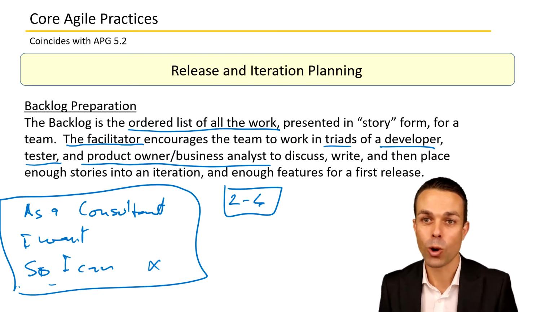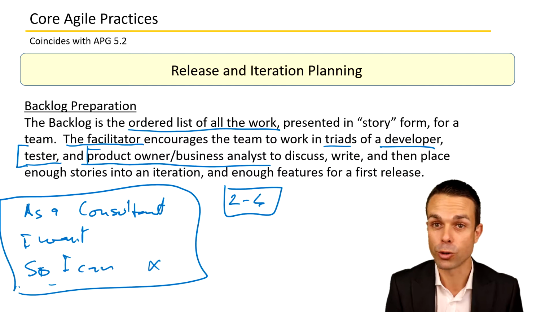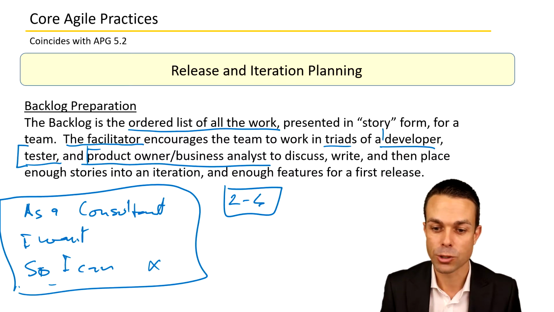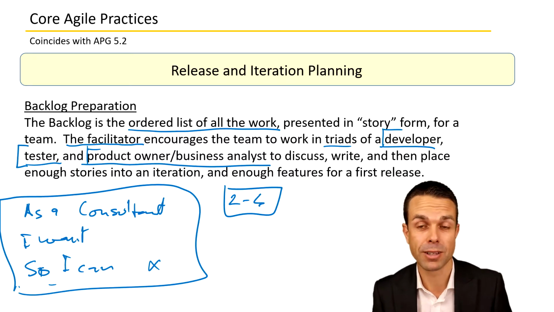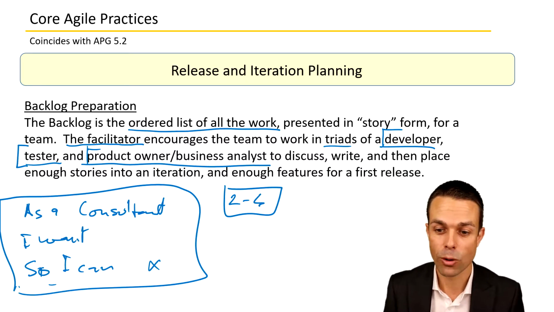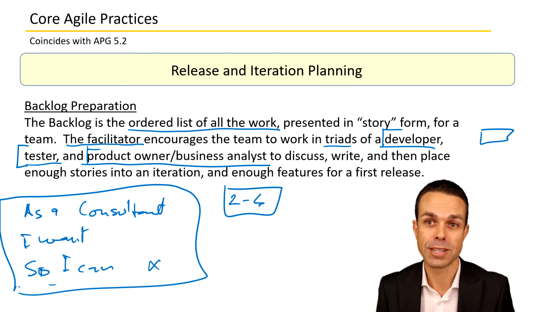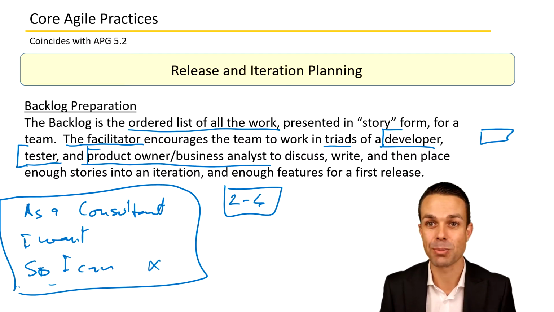So by having everyone work together, you're making sure that you're getting the requirements from the product owner, you're making sure that it will be of good quality from the tester, you're making sure that it is able to be developed and that you've got the development skills to actually pull this off as well. And all of these people will contribute to make sure that this feature or this story can be actually completed.